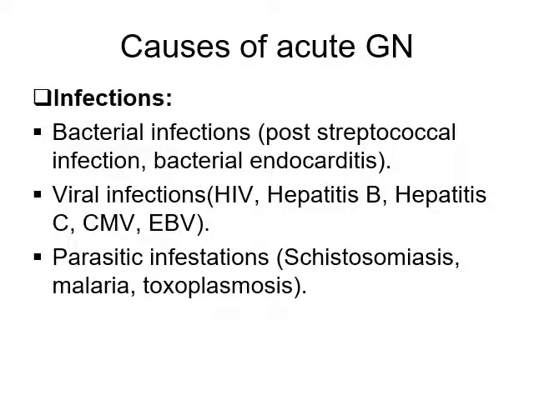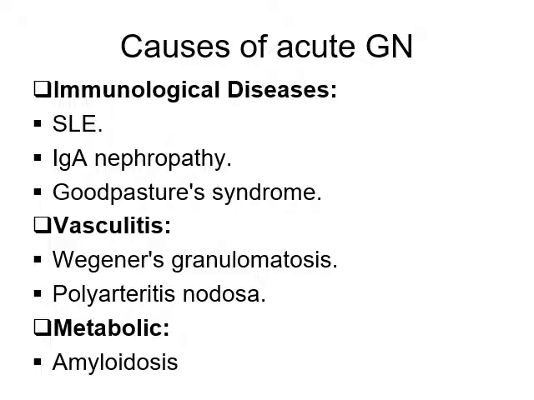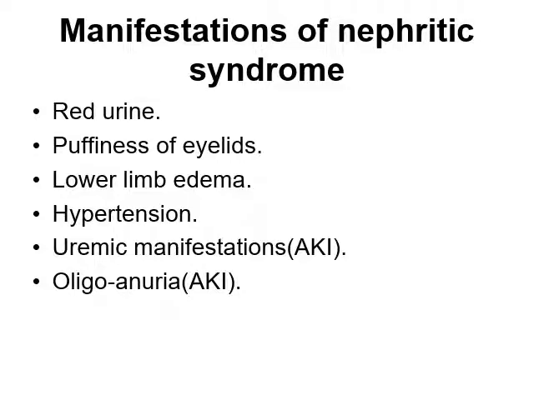So what are the causes of acute GN? As with any disease, we may have infection, either bacterial, viral, or parasitic. We may have immunological disease such as lupus, IgA, Goodpasture. We may have vasculitis, polyarteritis nodosa, and metabolic disease like amyloidosis. And all these will lead at the end of the day to immune complexes.